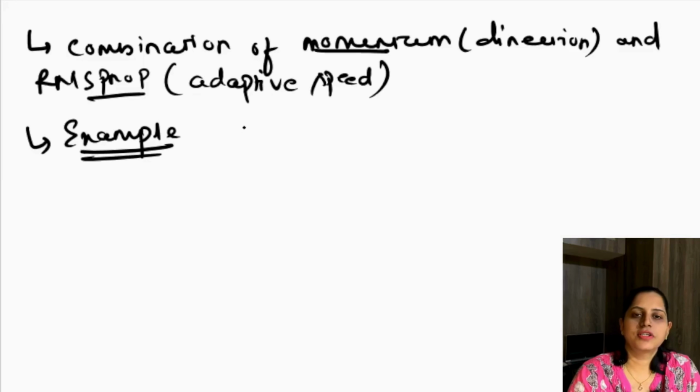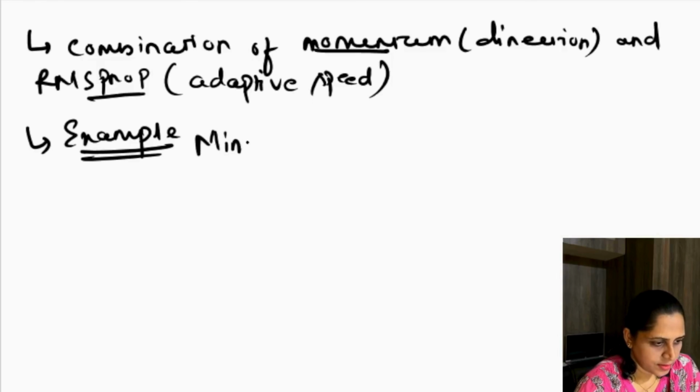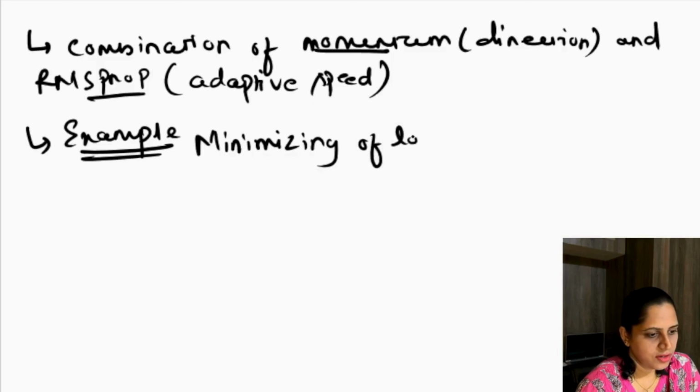What is the issue it is handling? My optimization technique is handling the minimizing of your loss function, right? That is my goal here.